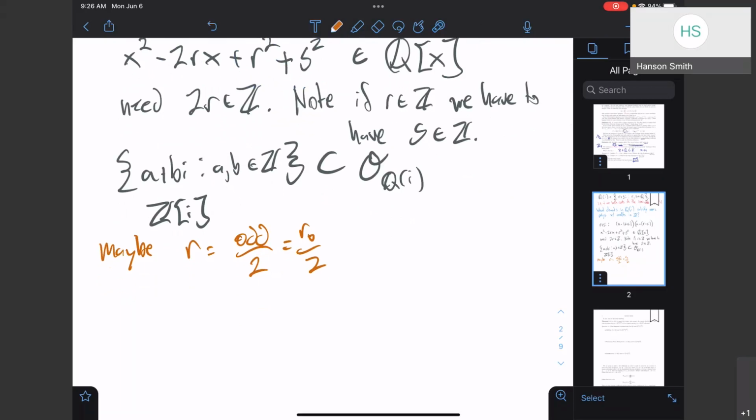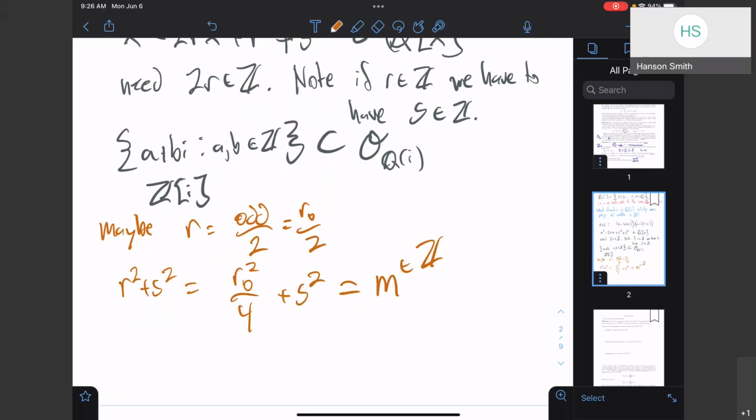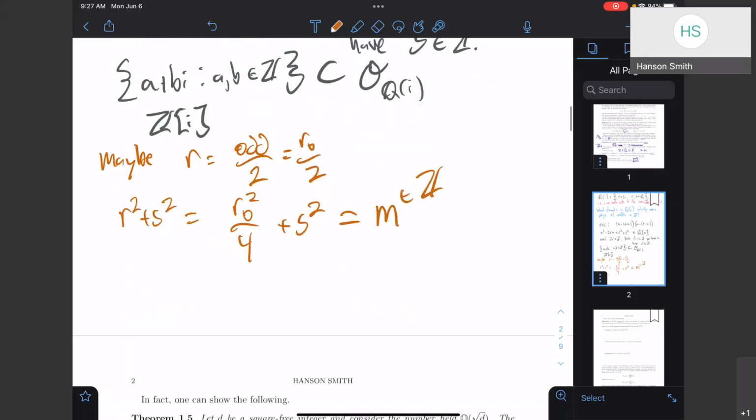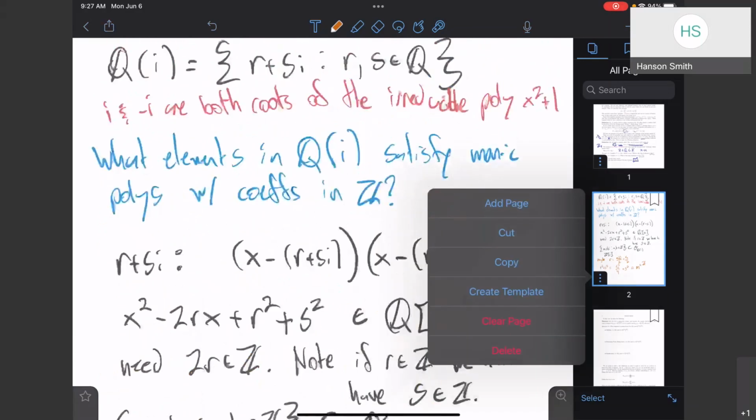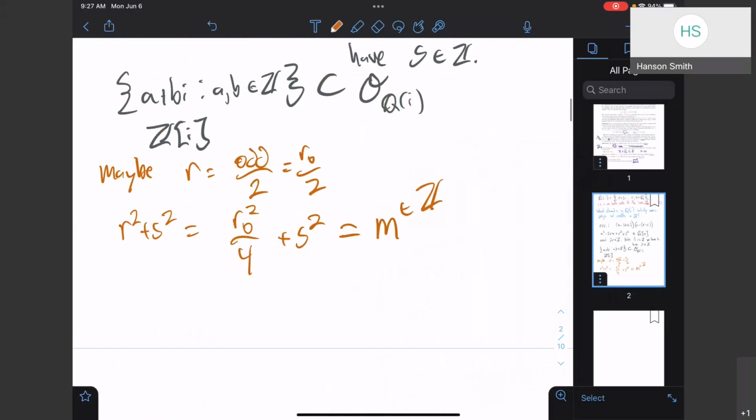So I need, and I can expand out, r squared plus s squared. We need this to be in Z, and this is going to equal r naught squared over 4 plus s squared. And so we want this to equal some integer m in Z. Let's let s equal s naught over d, where d is the denominator.